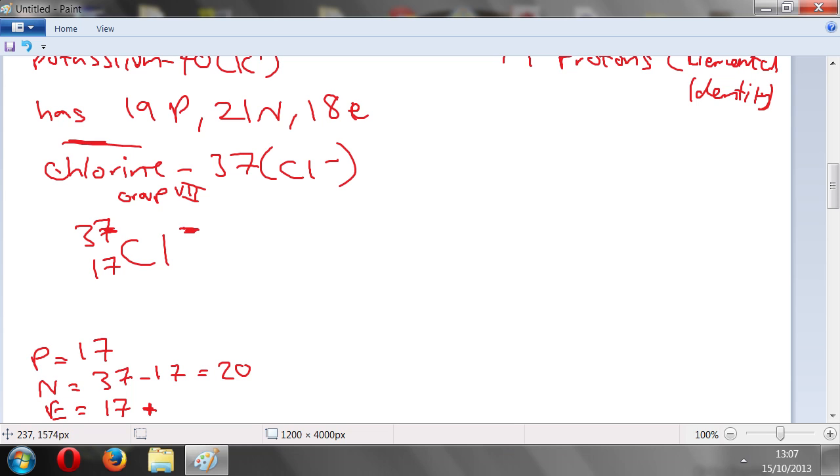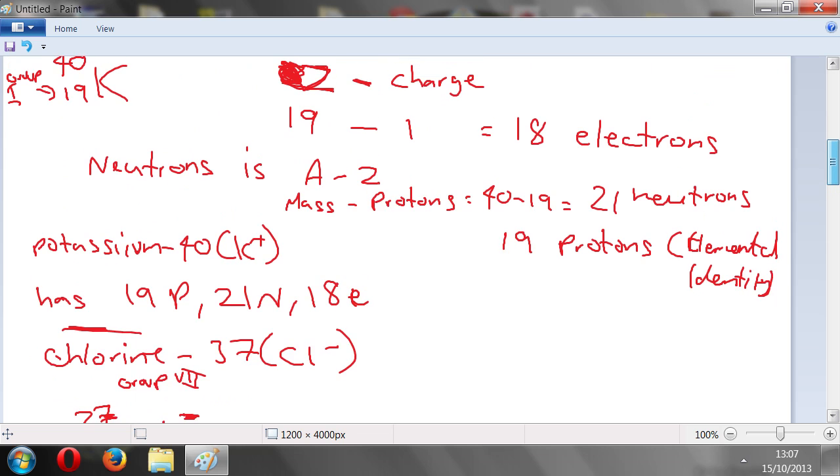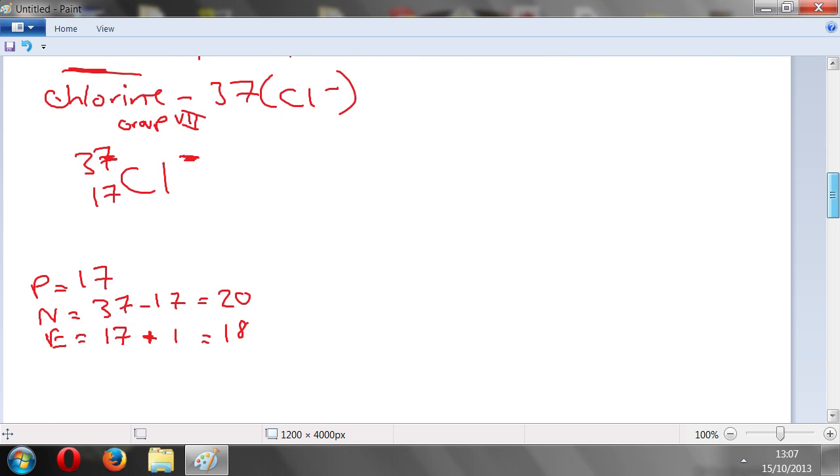Because we're dealing with a negative ion, we add the charge on the ion, and the charge is 1, so it's 18. Did I actually subtract the charge for the positive ion? Yeah, I did. Okay, so that's basically the answer. In chlorine 37, Cl minus, we've got 17 protons, that's the elemental identity.